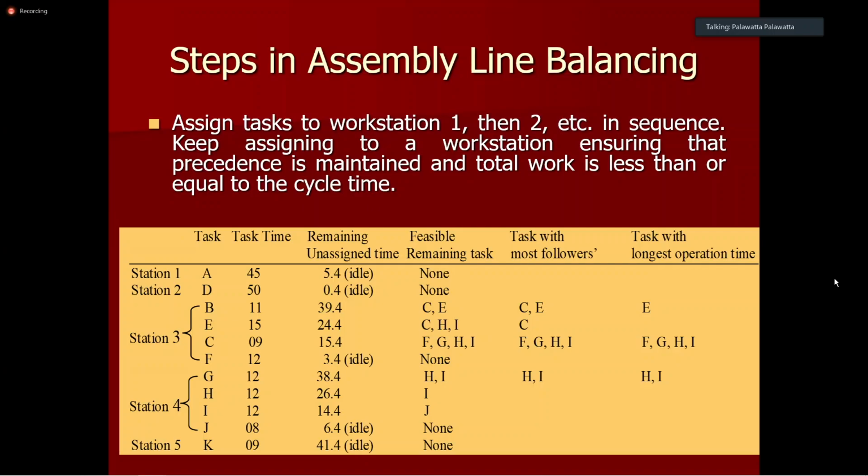E has 4 tasks following, and C also has 4 tasks following. So it is a tie. In the tie break, we use the longest operation time rule.